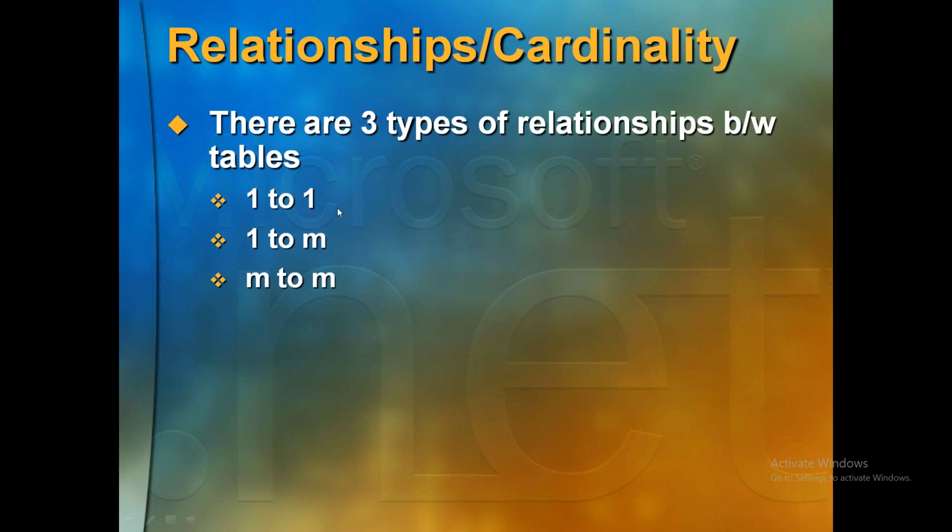In one-to-one, any table's primary key can become a foreign key in the opposite table. In one to many, only the parent table's primary key can become a foreign key in the opposite table. In many to many, you cannot create foreign keys directly. You have to create one more table. That is what is called a bridge table.